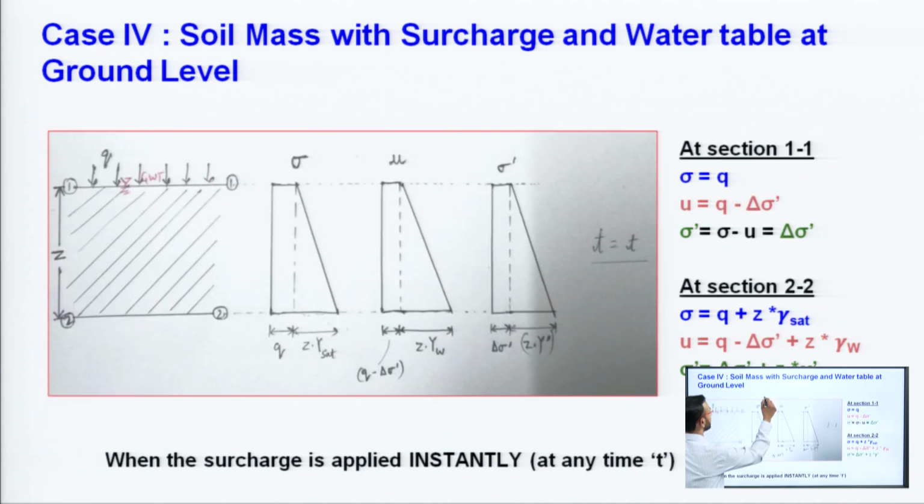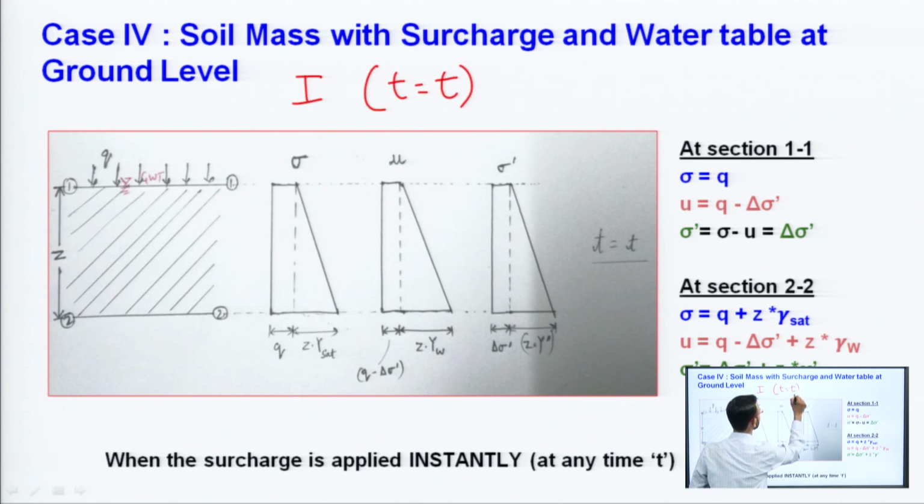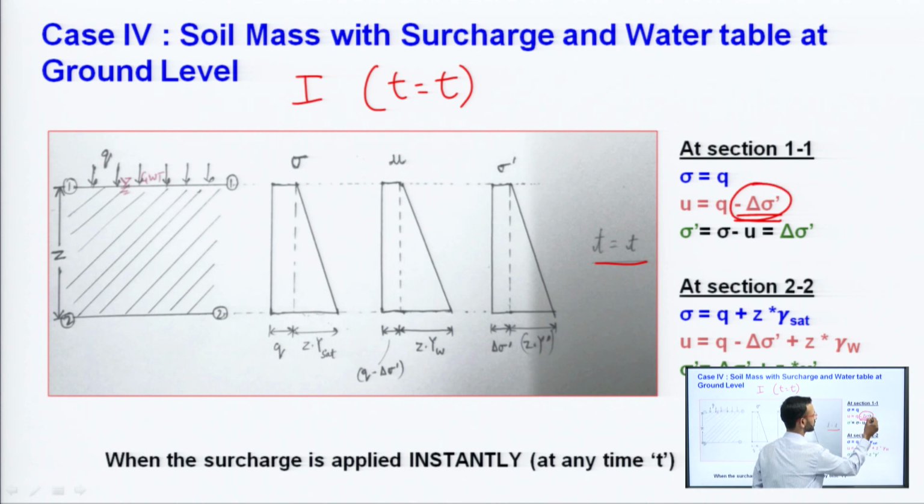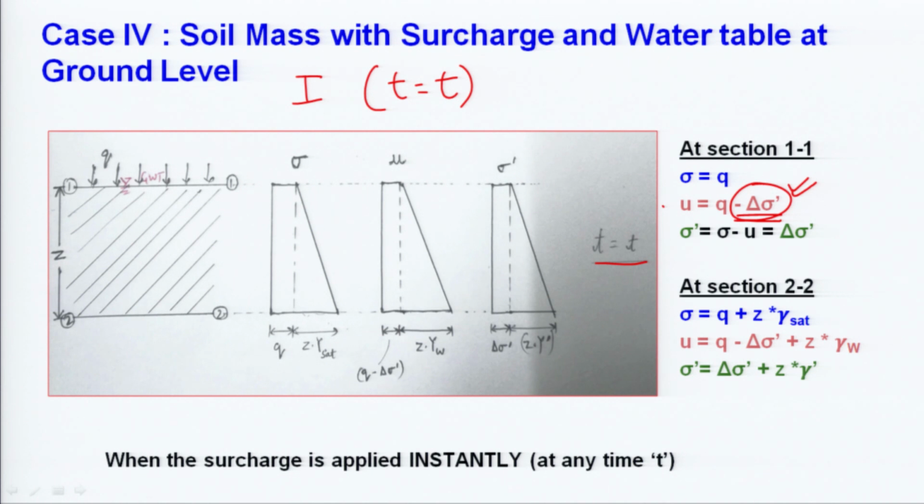So when we talk about the instant one at time t equal to, let us say t, when some time has passed, the pore water pressure will try to reduce, and it has reduced, as some amount of stress has been transferred to the soil solids. This is the amount of stress that has been transferred to the soil solids. So the pore water pressure, which was initially q, will be getting decreased here.